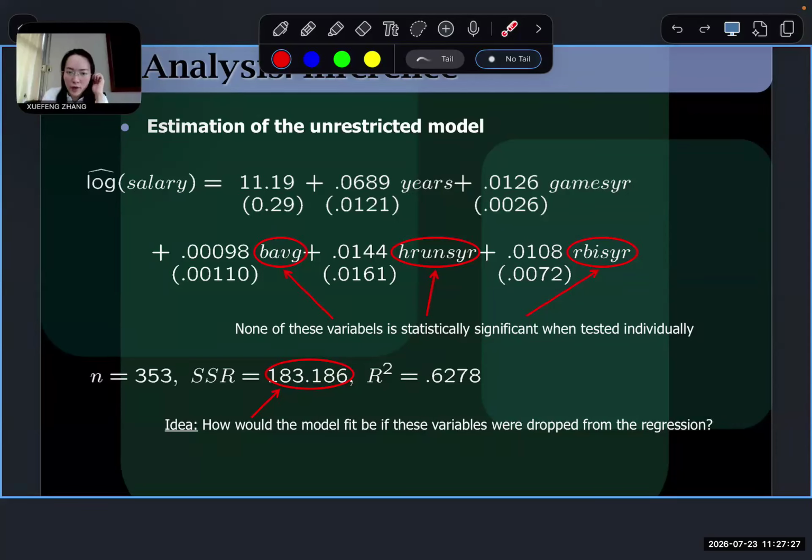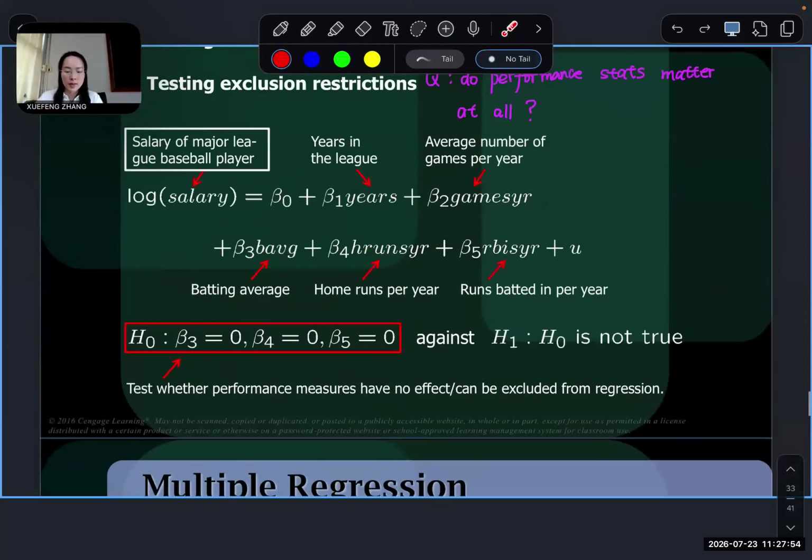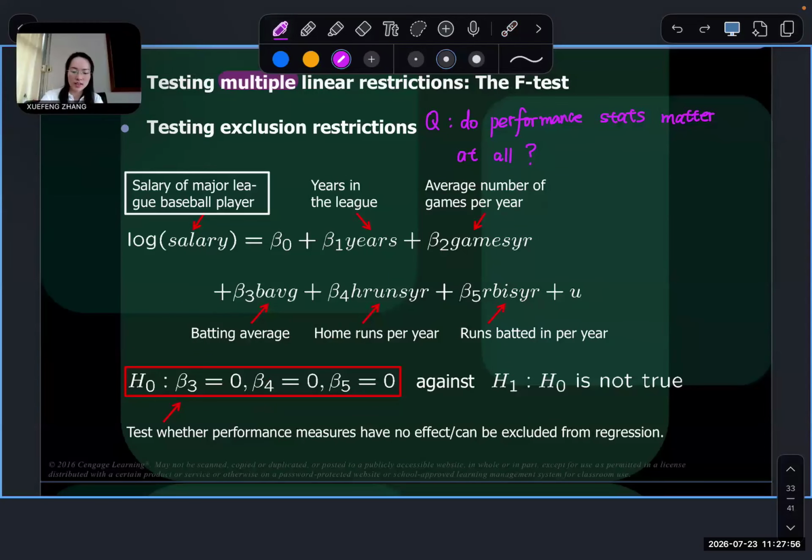Because if we use the T-ratio, the question becomes three separate questions. Is bad significant? Is hours of this one significant, etc., each ignoring the other two. What we actually want is one joint question.